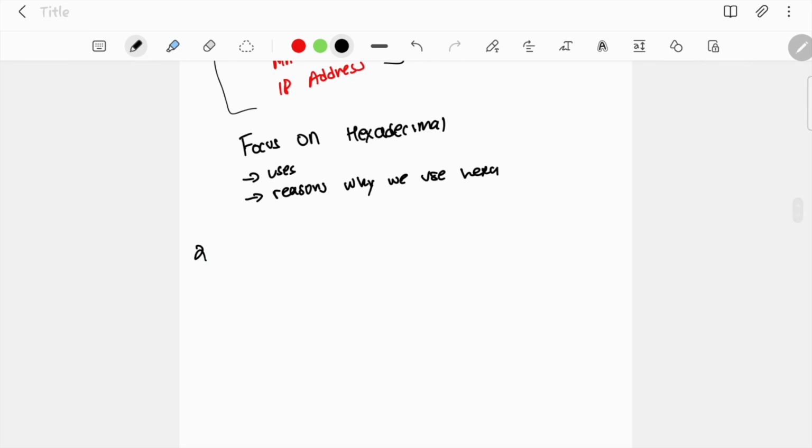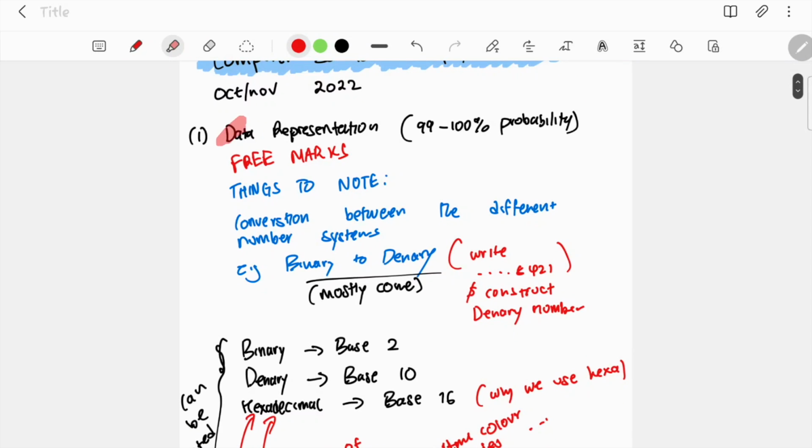The next topic I'm going to talk about is storage. Now within storage, actually I'm going to use a highlighter, and even for data representation.